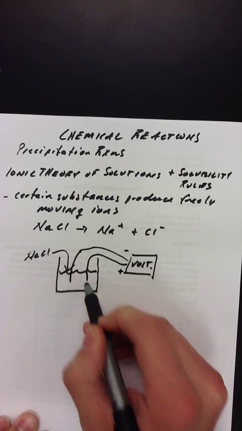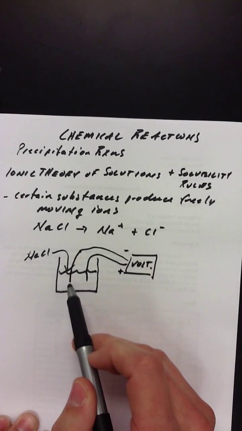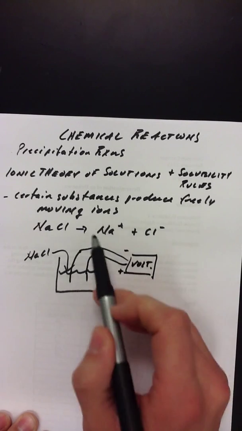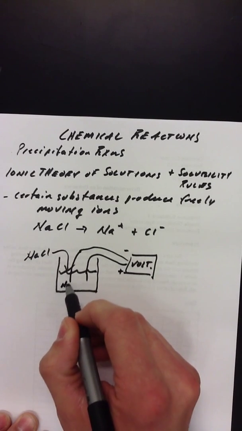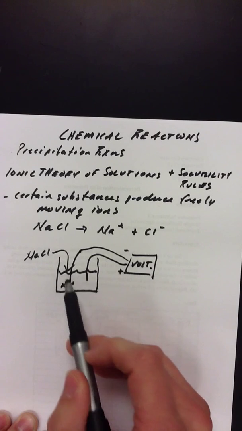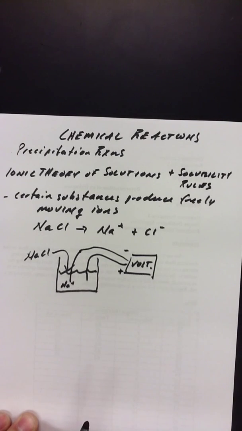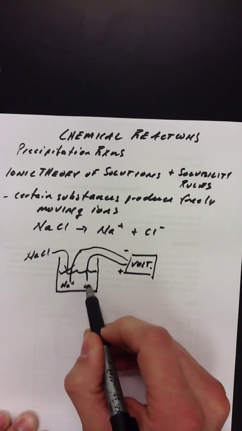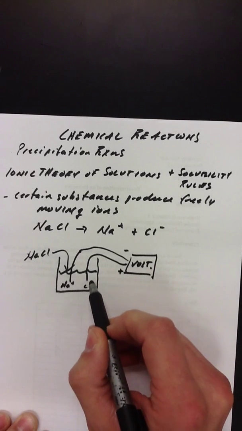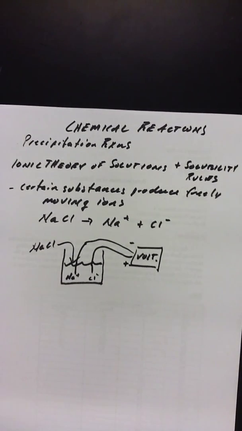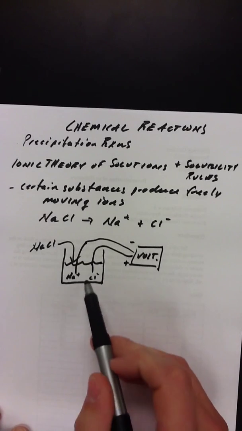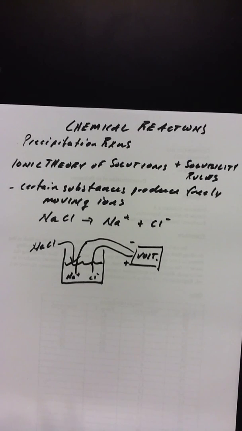And on this negatively charged wire, the positively charged sodium ions began to gravitate towards it. Conversely, on the other side, this positively charged wire, we had chloride ions which were attracted to that. It is that movement towards these particular electrodes that causes that current.